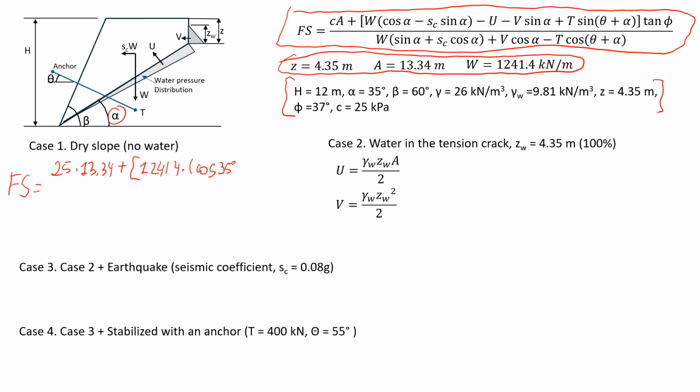And here we have minus the seismic coefficient, but in this case we don't assume any seismicity, so we're going to put 0. It's going to be 0, right?